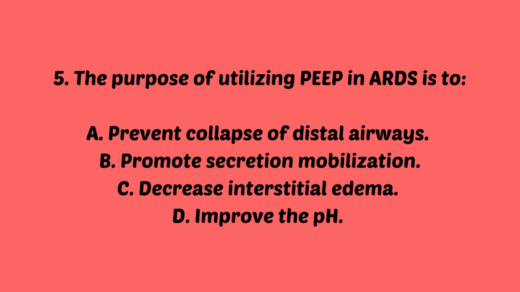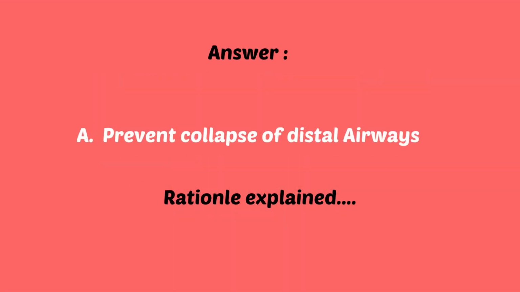C, decrease interstitial edema. Or D, to improve the pH. If you chose A, prevent collapse of distal airways, you are correct. Now remember, in ARDS, also called adult respiratory distress syndrome, distal airways are surrounded by swollen tissue and edema.